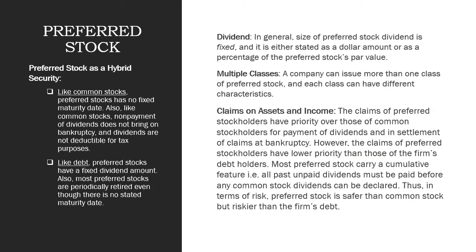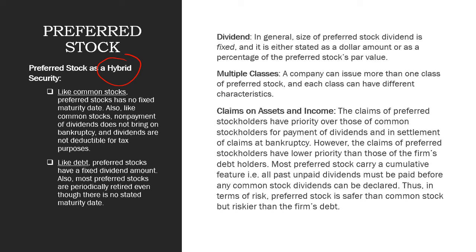So let's now go to the preferred stock, another type of stock in companies. Okay, the preferred stock is also known as a hybrid security. Why is it hybrid? Because it has two characteristics: of a common stock as well as the bond or the debt.